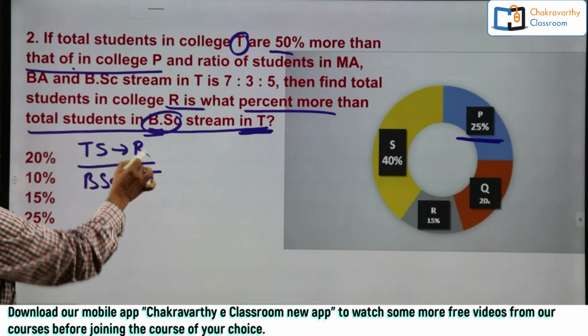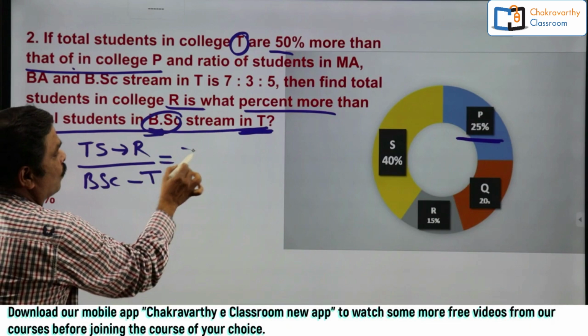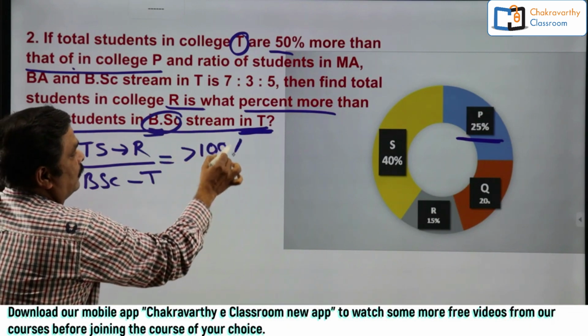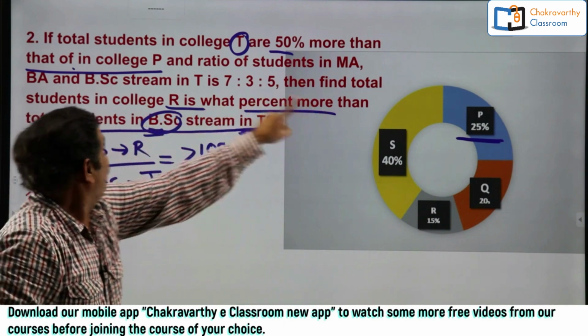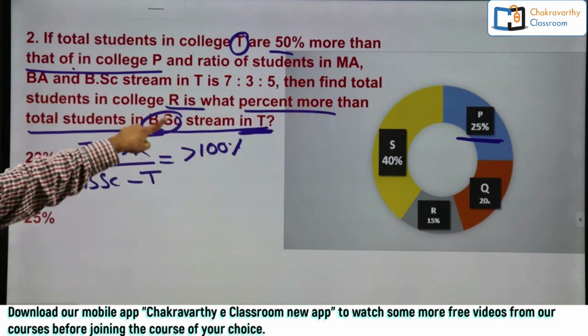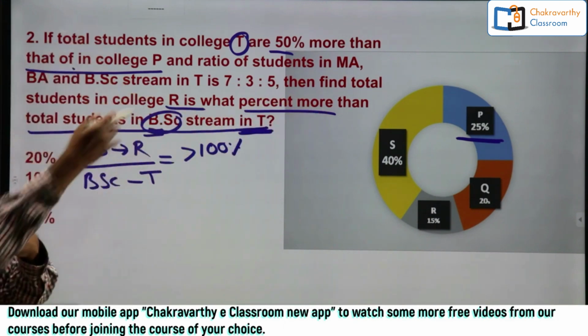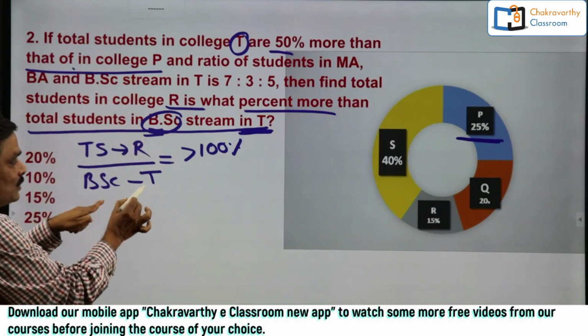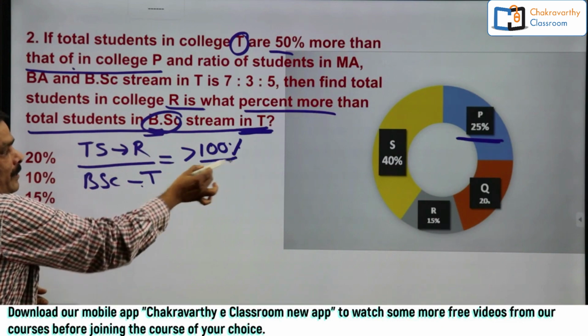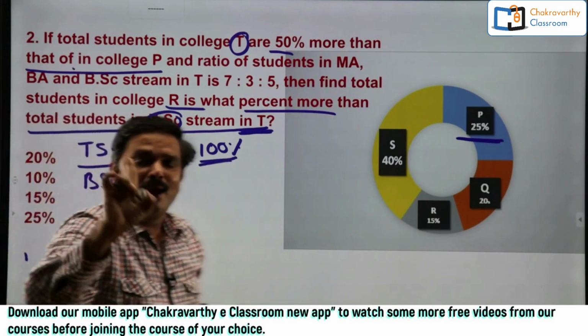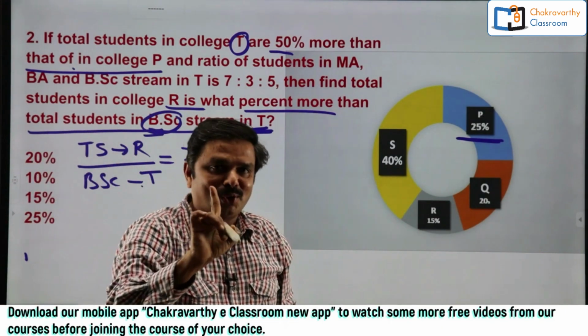The percentage will be definitely more than 100%, because they have asked, find the total students in college R is what percent more than this one. So you take this one as 100%, how much more you get than 100% is going to be your final answer. Have you understood the logic here?